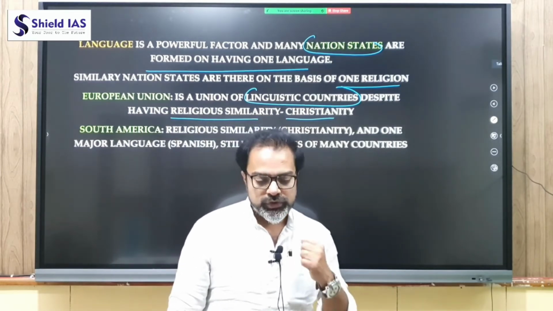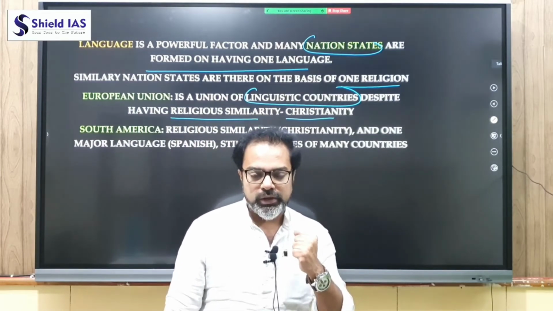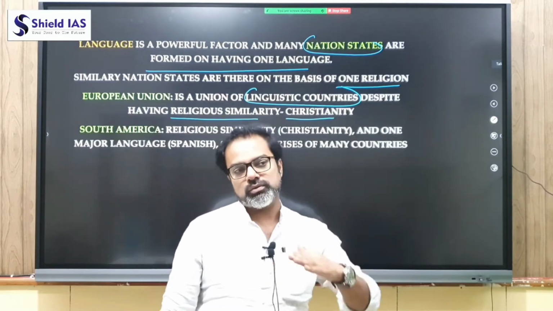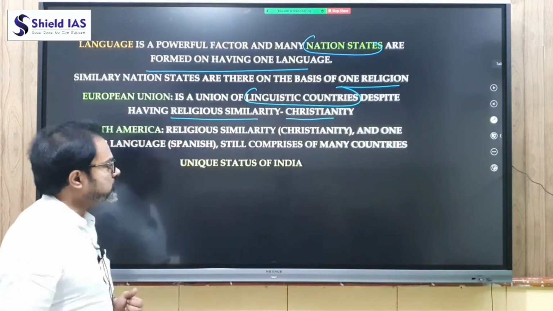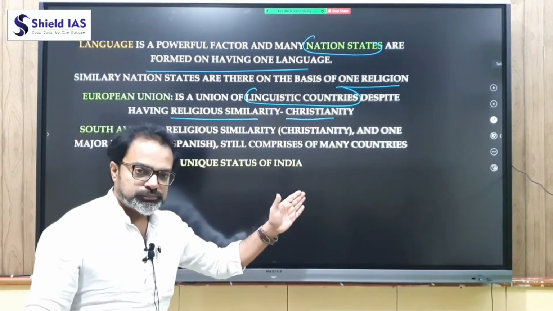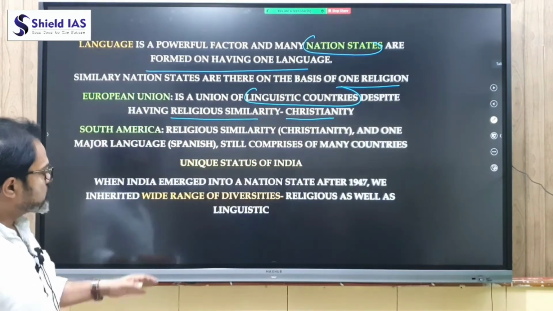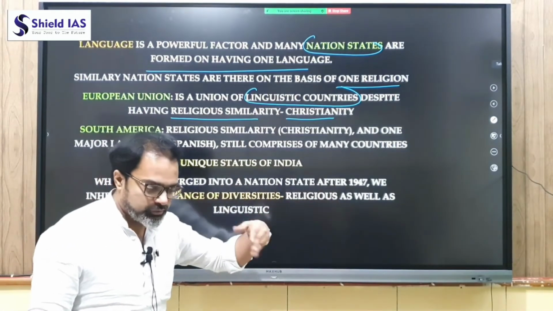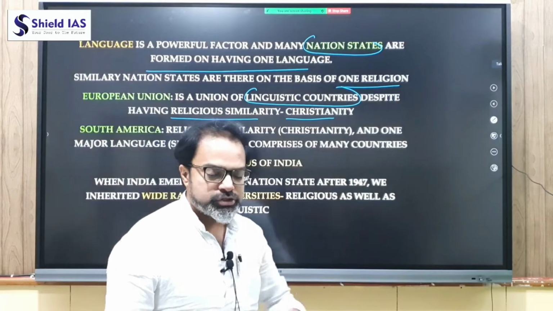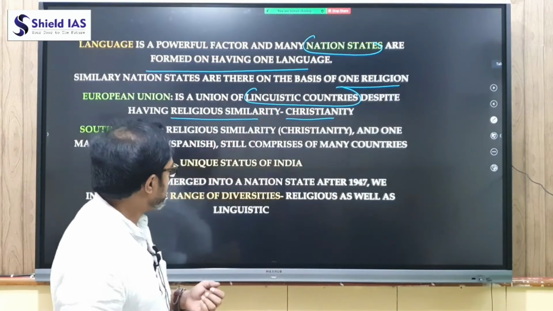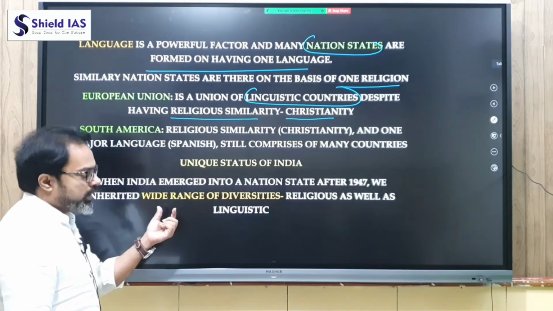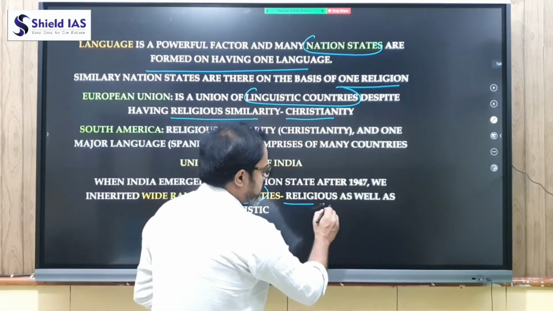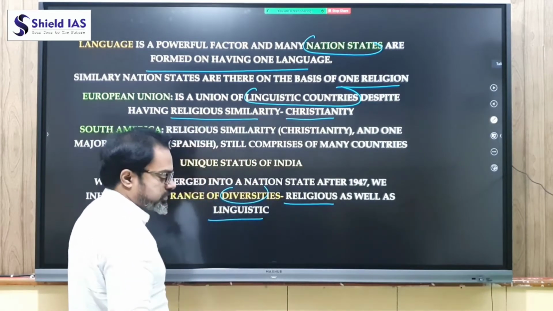So when we talk about religion and language, they have the potential to create separate nations. But when we talk about India, there is a unique status. When India emerged as a nation state after 1947, when we emerged as a proper nation, we inherited a wide range of diversities that included religious as well as linguistic diversities.